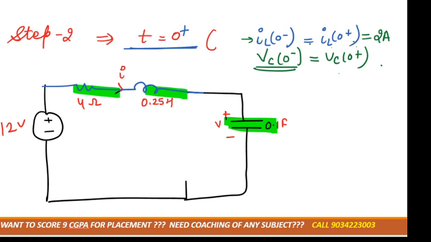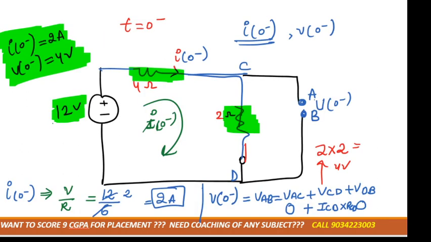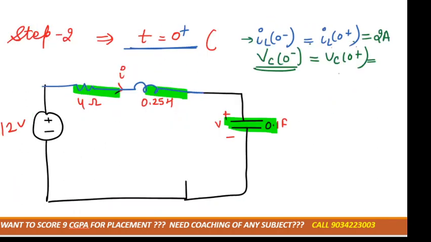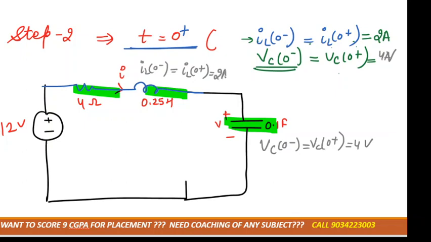Voltage across the capacitor we just calculated as 4 volt. So VC of 0 minus is equal to VC of 0 plus is equal to 4 volt, and IL of 0 minus is equal to IL of 0 plus is equal to 2 ampere, right?